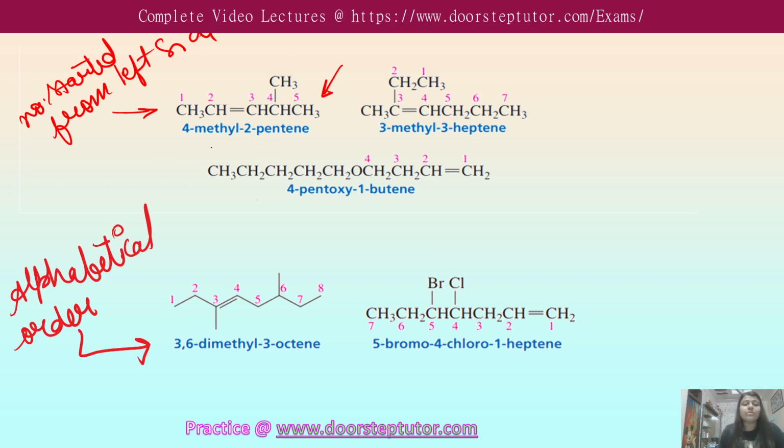Because we have prioritized the functional group, that is the alkene group. In the nomenclature we are assigning the second position to the alkene group, because we usually assign the lowest number to that particular functional group. So that's why we have started the numbering from the left hand side, like 1, 2, 3, 4 and 5.